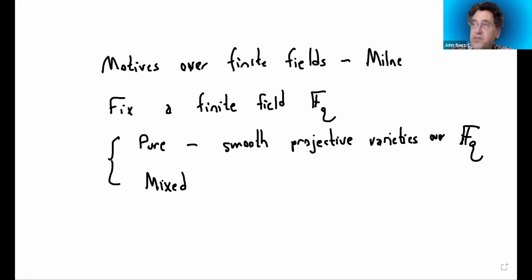And the Weil conjectures are like a formula for the number of points over F_{Q^n}. Sounds reasonable. So that's all we need to know about that.